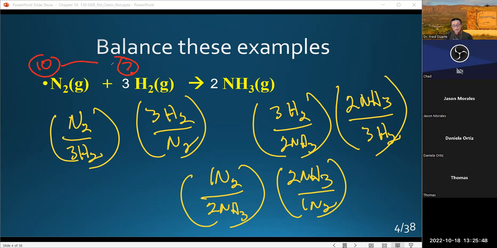Okay. And so I start off with what I'm given, 10 nitrogens. I'm going to have a conversion factor. Does that bring back memories now with respect to the conversion factors in our units? I know that I want hydrogens in the numerator, and nitrogen in the denominator. Why? Because I want to cancel the nitrogen, excuse me.